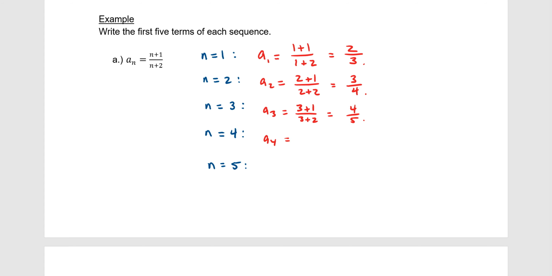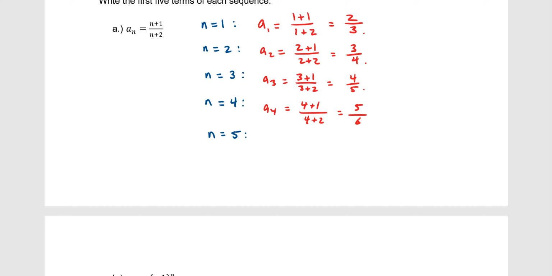A sub 4, we get 4 plus 1 over 4 plus 2. That is 5/6. And lastly, a sub 5, 5 plus 1 over 5 plus 2 gives us 6 over 7. Okay, so pretty simple for finding the terms of a sequence. When we're given the function for it, we just go ahead and plug it on in.